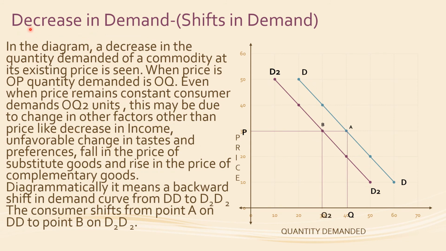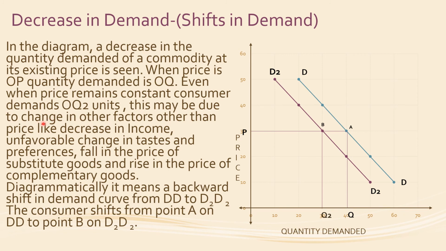Let us now understand how to explain the diagram of decrease in demand or backward shift in demand. In the diagram, a decrease in the quantity demanded of a commodity at its existing price is seen. When price is OP, the quantity demanded is OQ. Even when the price remains constant, the consumer demands OQ2 units.